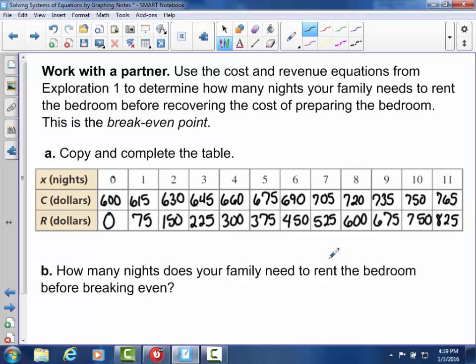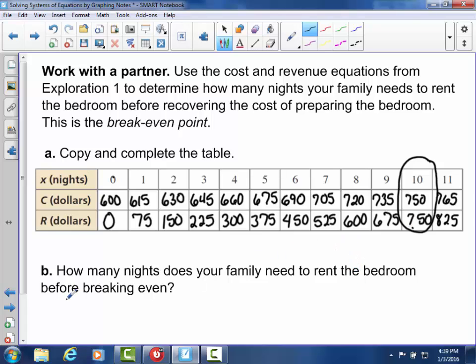So we copied and completed the table. Now then, how many nights does your family need to rent the bedroom before breaking even? So where do they break even? Well, right here at 10 nights, they spent $750 and they have received $750.